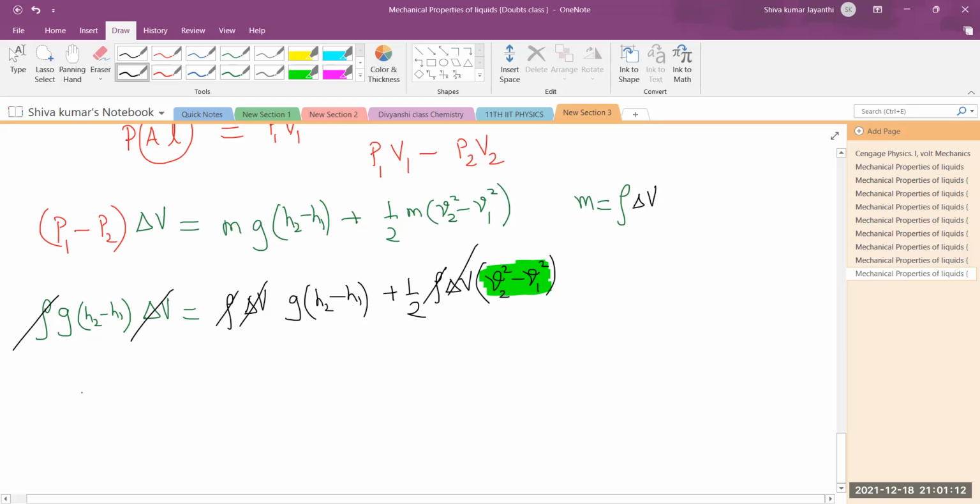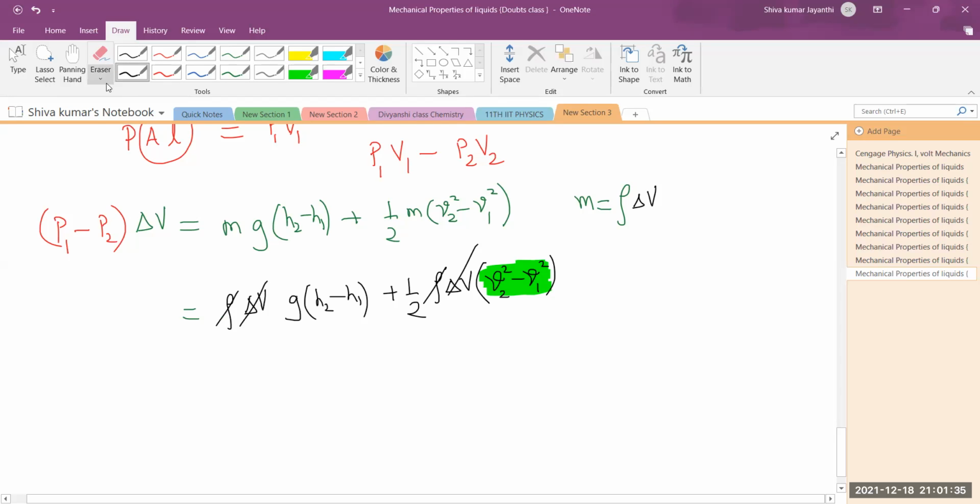Density also cancels. So what will come? g into h2 minus h1 is equal to g into... But we don't like to write this actually this way. Actually, we like to put this as pressure difference, pressure only. If you put it this way also we can write, but it doesn't make the actual Bernoulli's equation which we actually require.